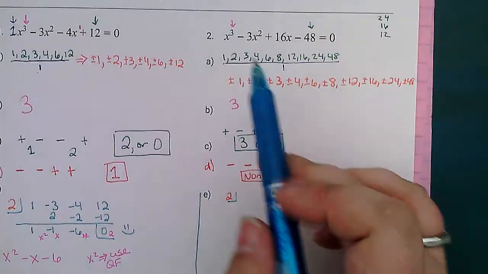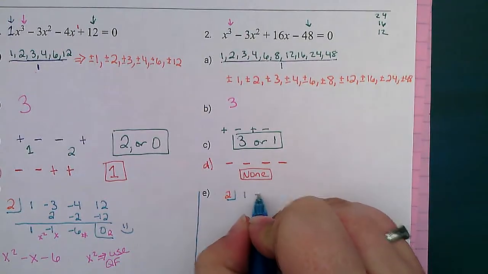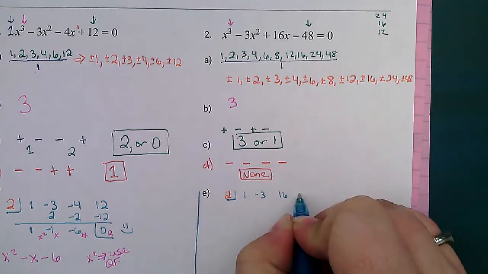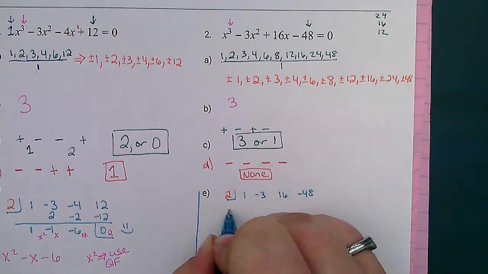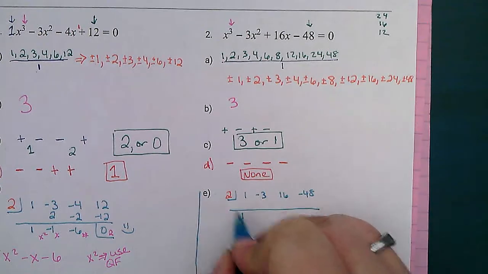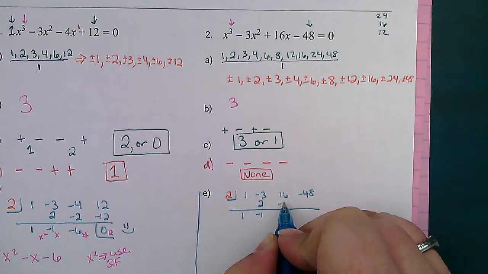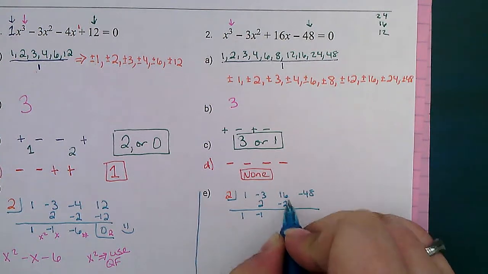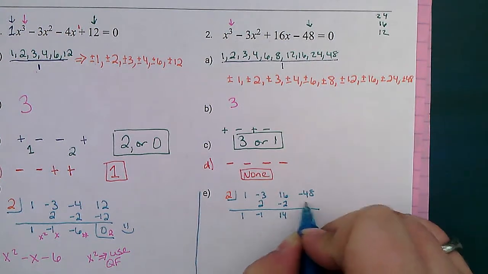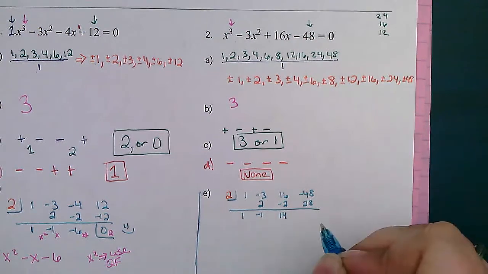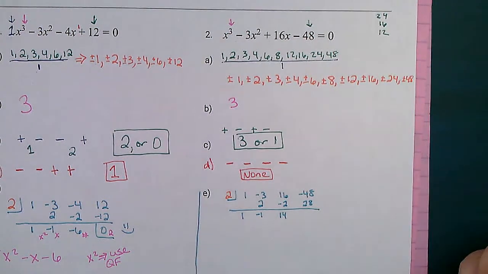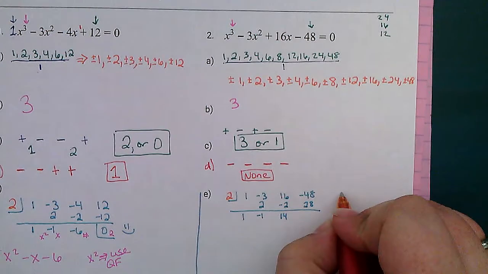Okay, so my coefficient line is 1, -3, 16, and -48. Okay, so 1, drop it down. 1 times 2 is 2. -1, -1 times 2 is -2. Plus 16, that's 14. 14 times 2 is 28. -48 plus 28 is not going to give me 0. So 2 didn't work.